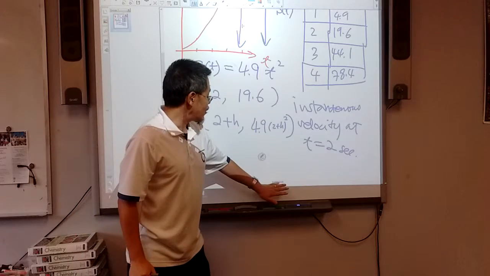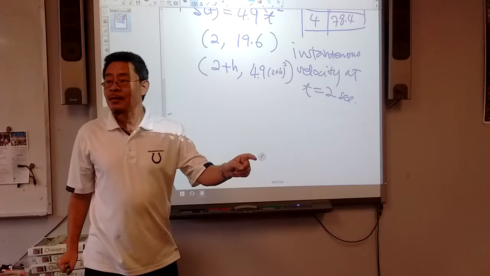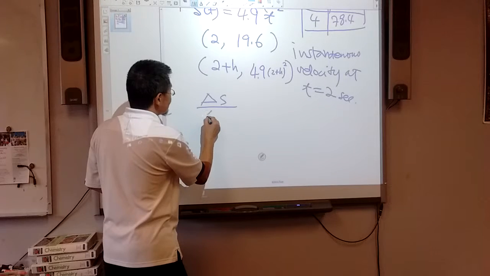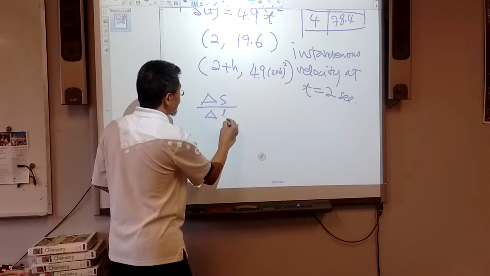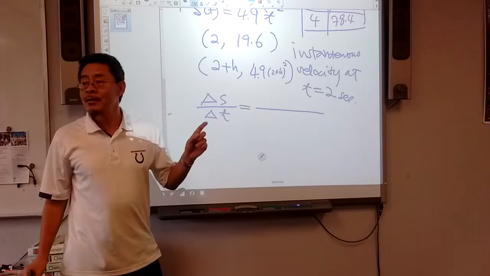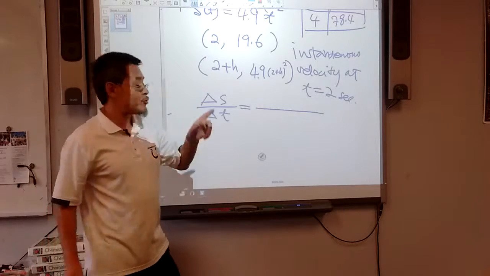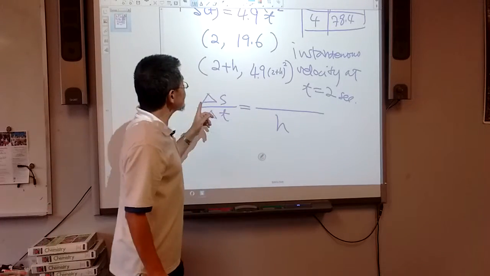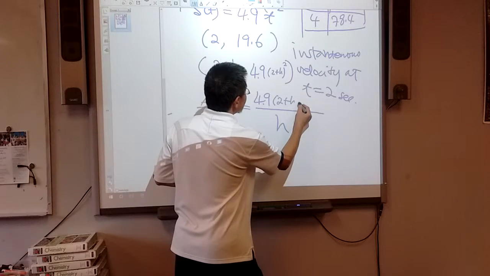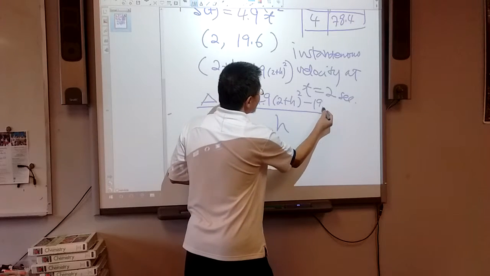Okay, so what is our average speed? Average speed is the difference in distance over the difference in time, right? So what is our difference in time? We're going from 2 seconds to 2 plus h seconds. So it's h. What is our distance? 4.9 times (2 plus h) squared, minus 19.6, right?